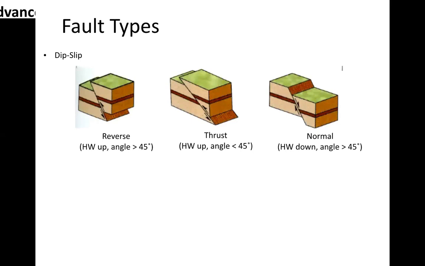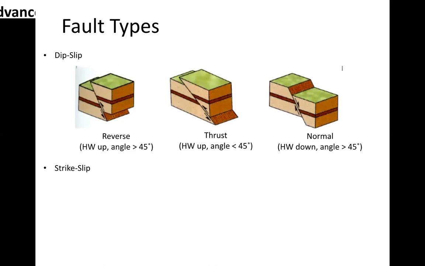And normal faults occur as hanging wall down at an angle typically greater than or equal to 45 degrees. The lower angle version of a normal fault is called a detachment, which is not shown here.